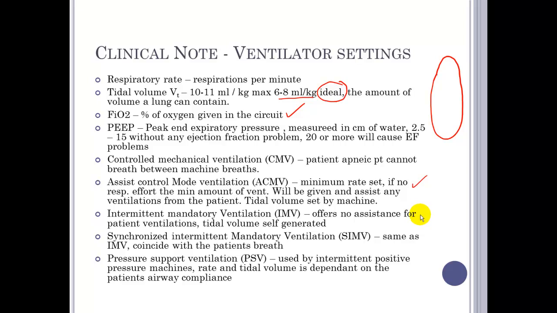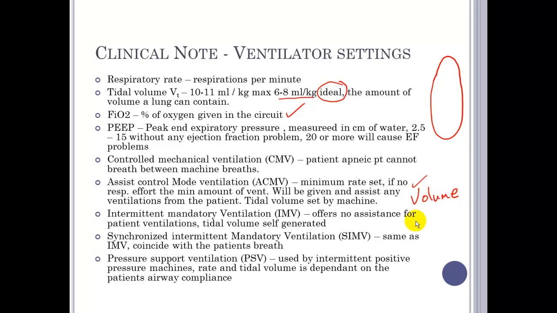If that is not met, the machine will actually give you a ventilation. Assistance is given by the machine with the patient's ventilation. Tidal volume is set by the machine. So the machine, off of ideal body weight, once the tidal volume is set, will deliver a specific amount of volume.